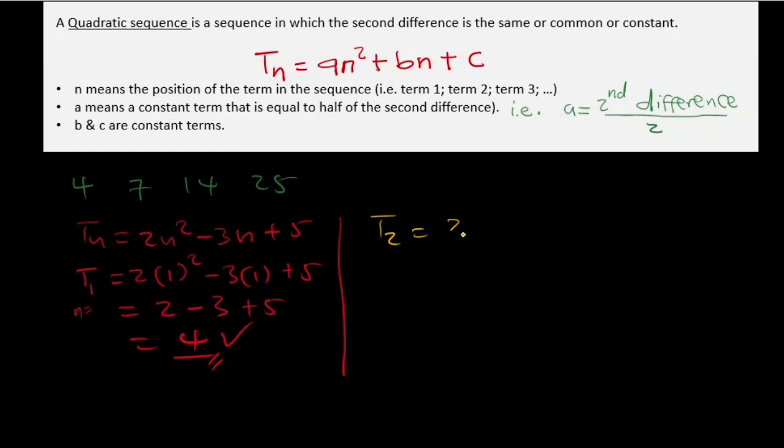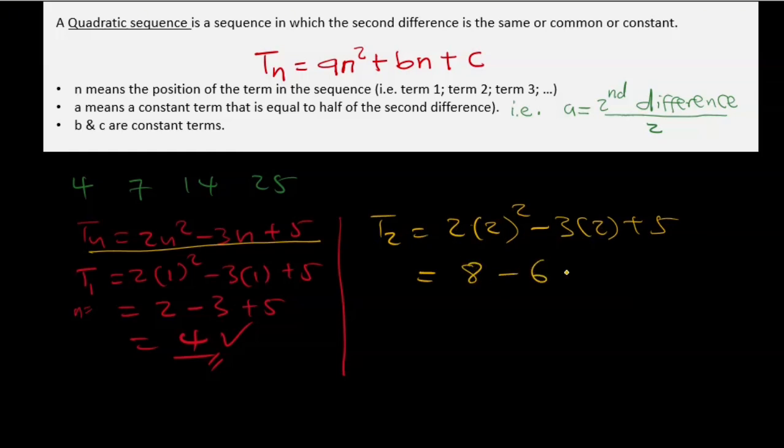T2. If it's T2, where I see n, because it's T2, I'll put 2. I'm using this equation. Where I see n, I'll put 2. This is 4 times 2, which is 8.